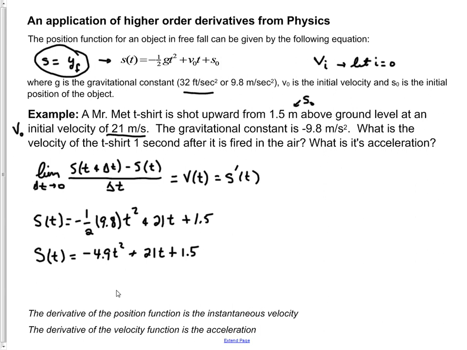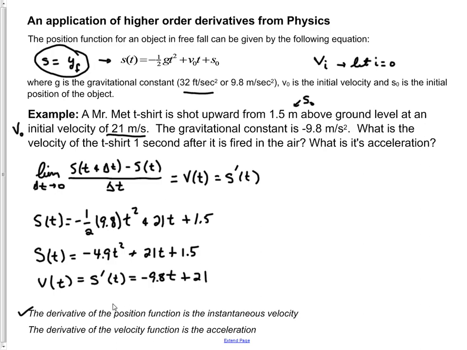And so if we're interested in finding the velocity, we're going to take the derivative of the position function. So our velocity is the derivative of our position function, and in this case, that ends up being negative 9.8 times t plus 21.